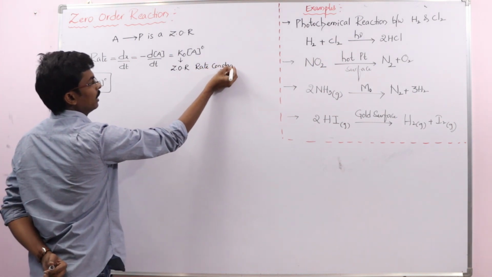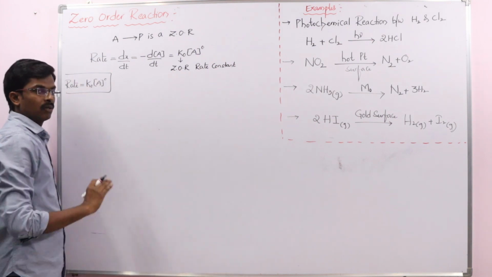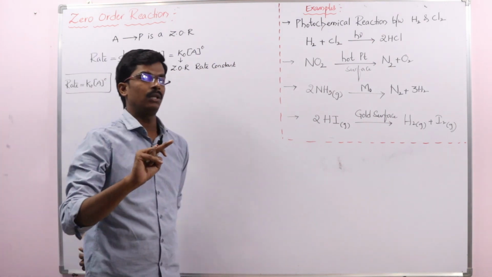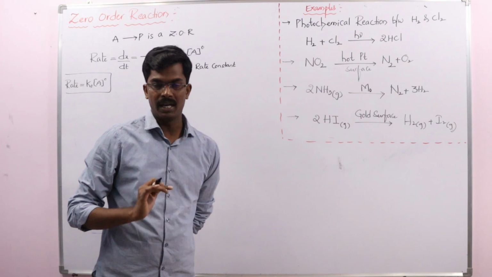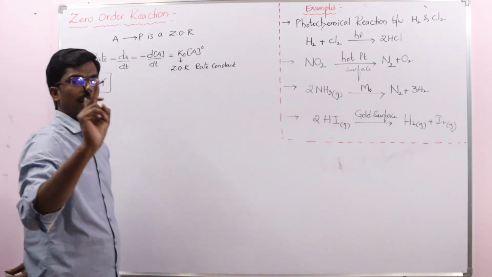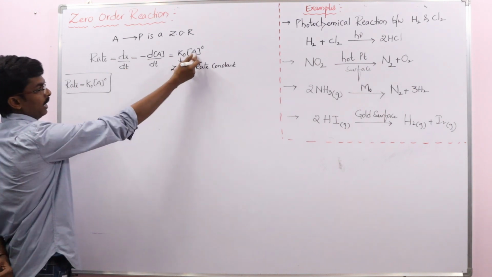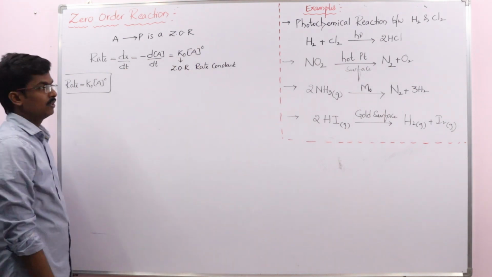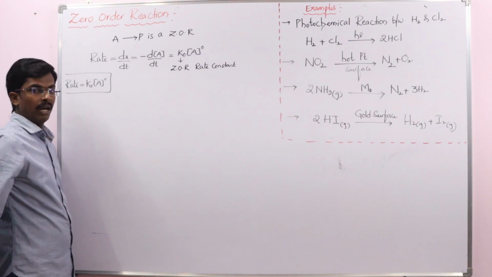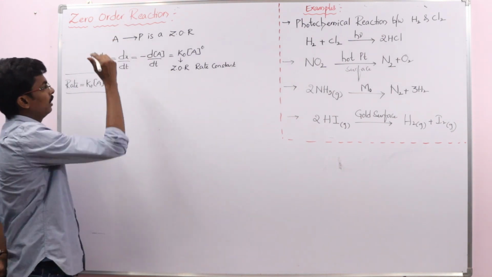In general, the rate is directly proportional to the concentration of A for any reaction except a zero order reaction. That's why I have given K naught concentration of A to the power of 0. Here I would like to derive the integral form for the zero order reaction.